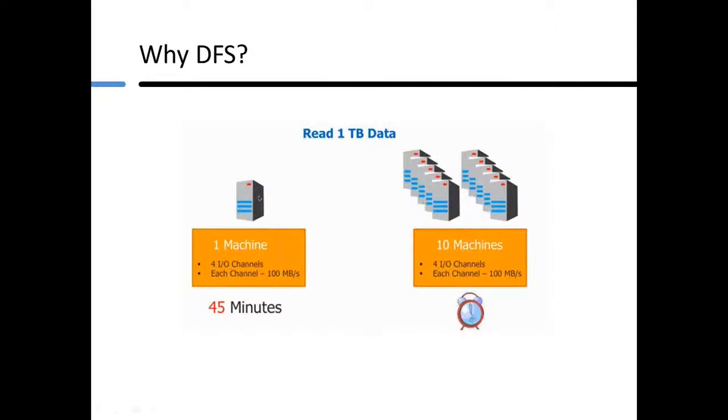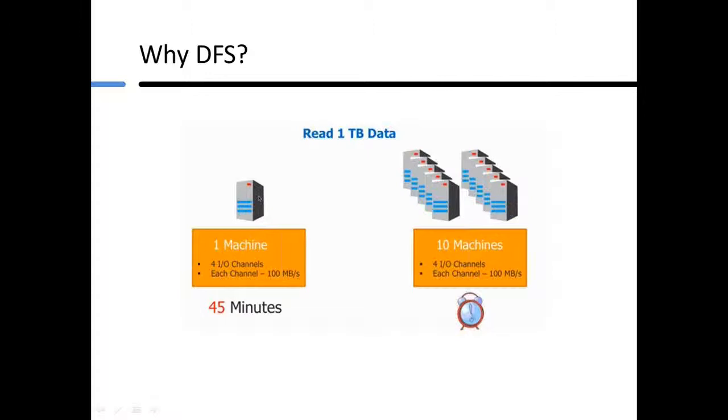Now in the other use case, instead of one machine, what if I store this data on 10 different machines? The configuration remains the same: each machine has 4 I/O channels and each channel has 100 Mbps speed.